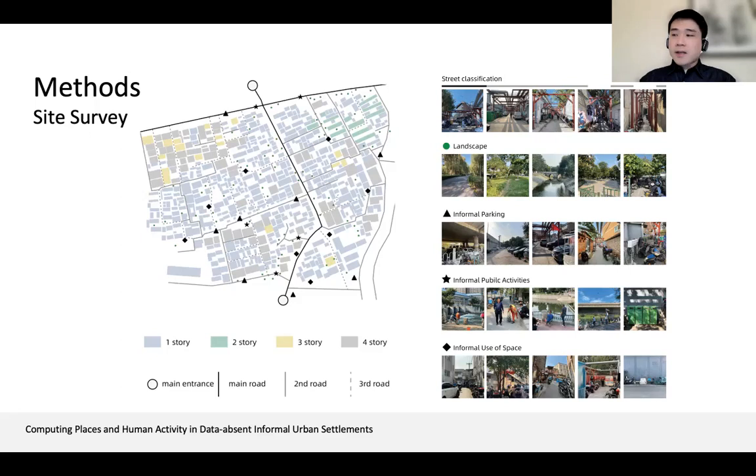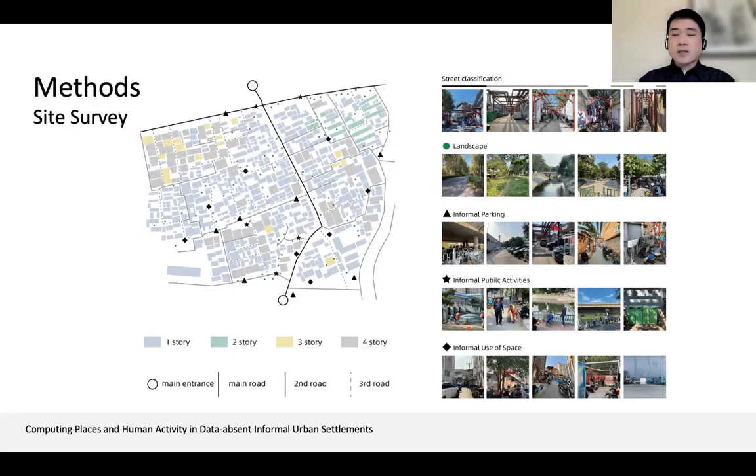According to the local activity, our students collected pictures to document location-based characteristics such as informal built structures, informal parking, informal activities that they observed, and informal public space.